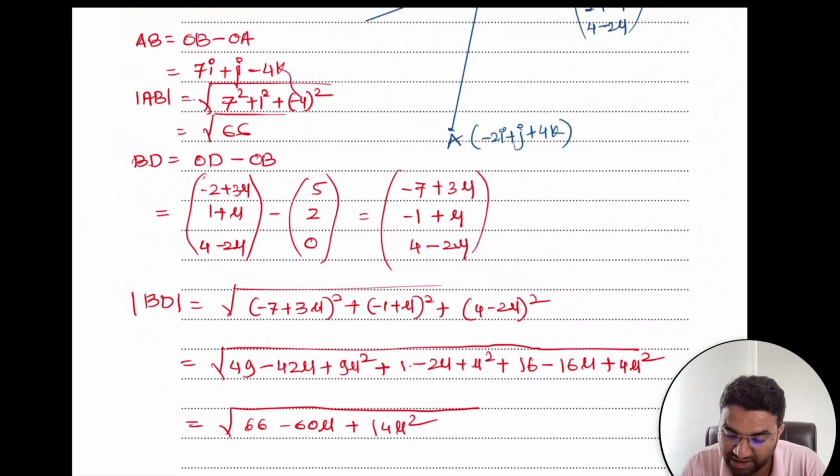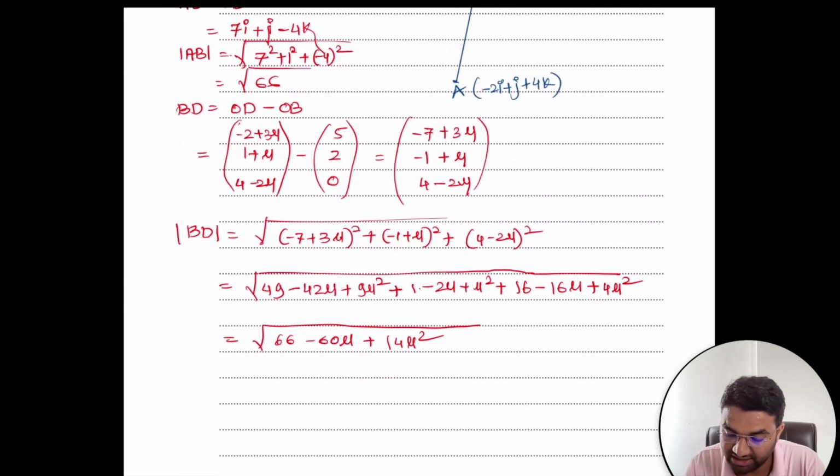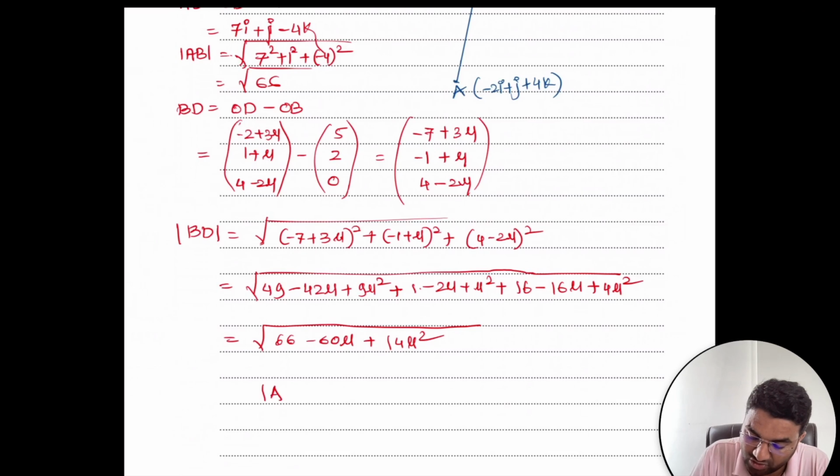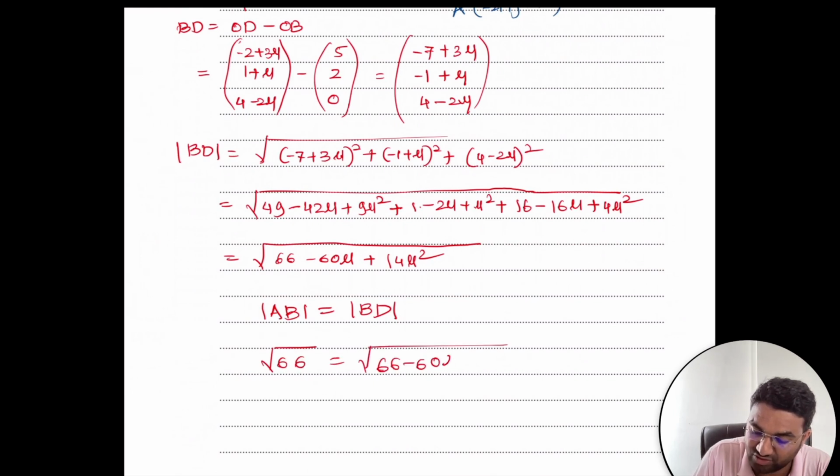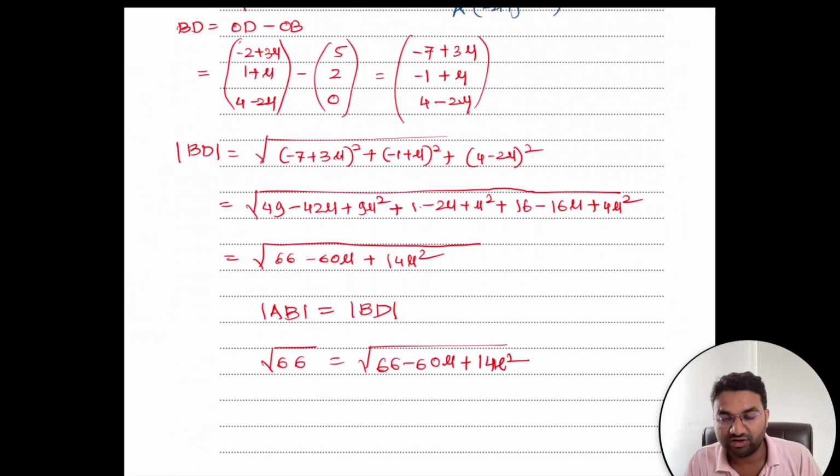Now the distances AB and BD are equal, right? So here the modulus of AB is equal to the modulus of BD. So you have to compare. Square root of 66 is equal to square root of 66 minus 60 mu plus 14 mu squared. Now take the square on both sides to remove the square root.